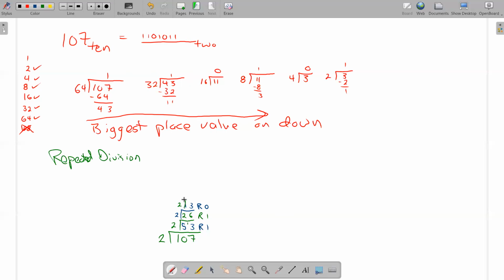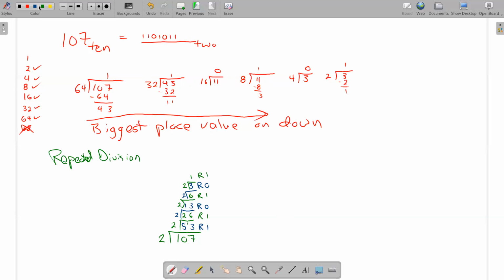Again. 2 goes into 13. Let's see, 2 goes into 13 6 times. Remainder 1. 2 goes into 6, 3 times, remainder 0. 2 goes into 3, 1 time, remainder 1.